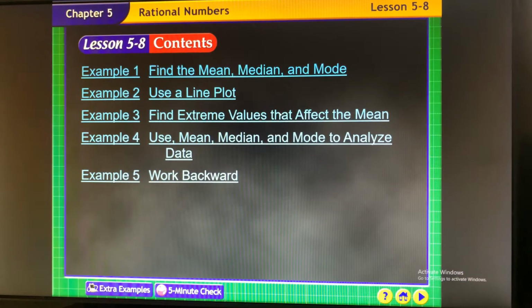That extreme value will cause your average to go higher. And if it causes your average to go higher, then I shouldn't use my mean as a way to describe my data. I should use my median or my mode. We also wouldn't use mode if everything was occurring more than once. Median is often our best used number.